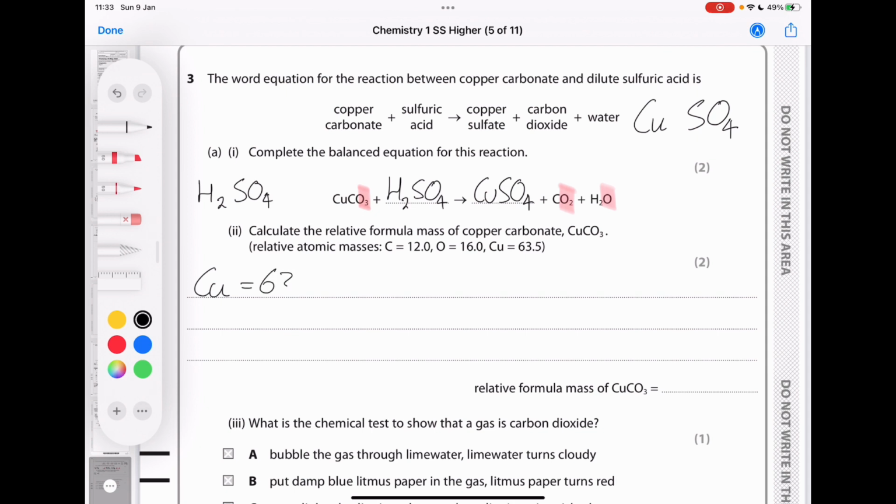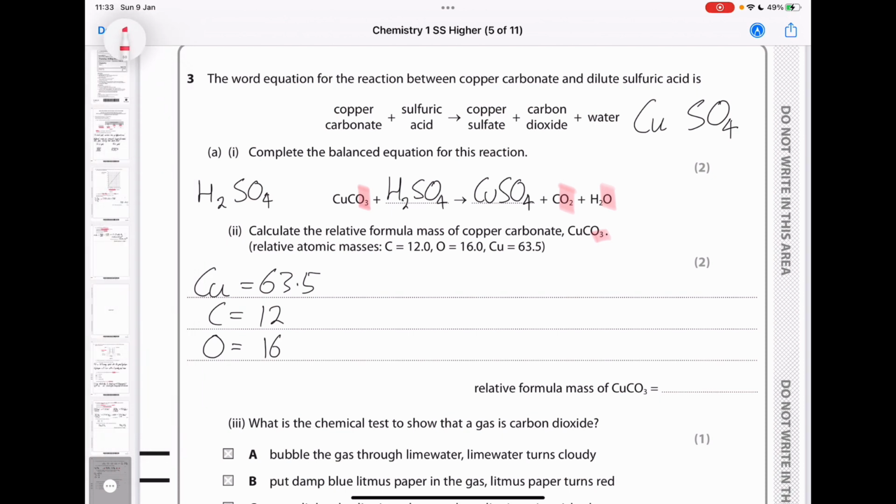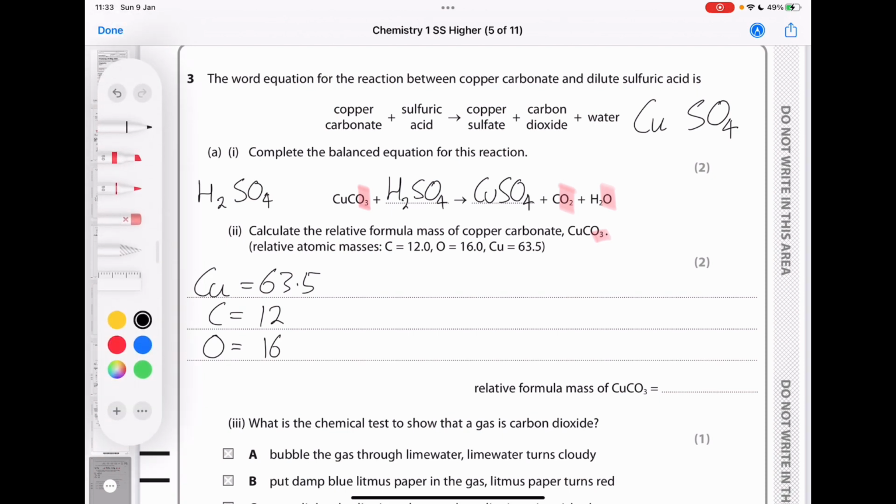Copper is 63.5, carbon is 12, oxygen is 16, but there were 3 oxygens in the formula, and therefore I need 3 oxygens in my mass. If I add all of those together, I should get a final answer of 123.5.